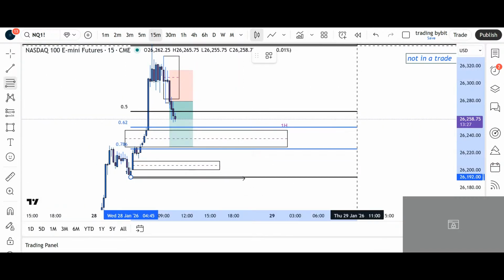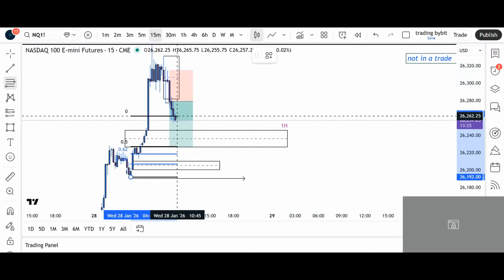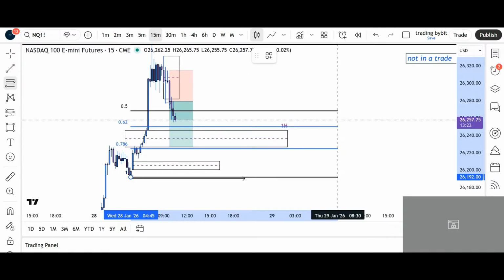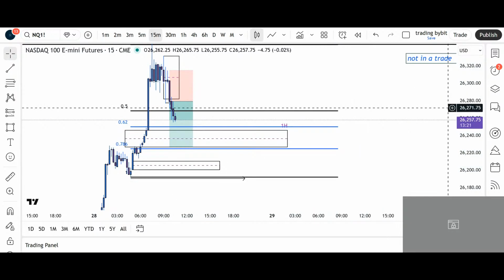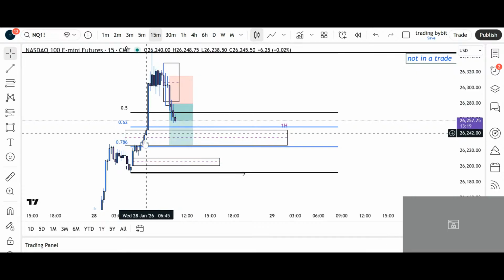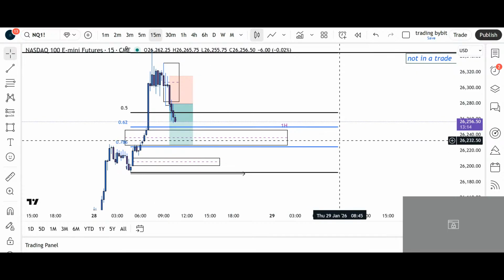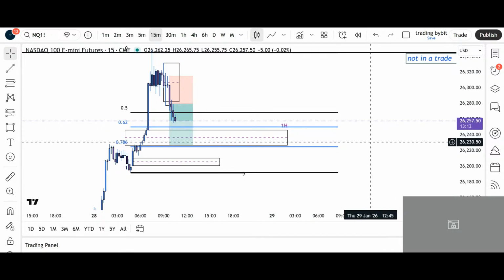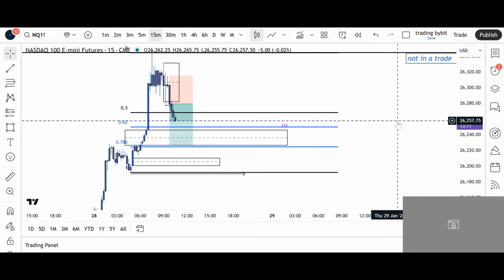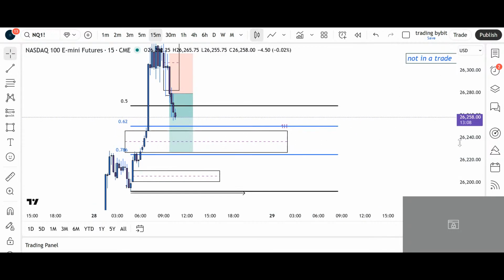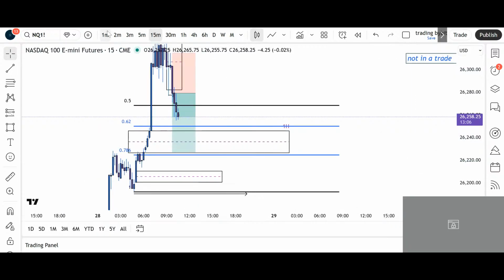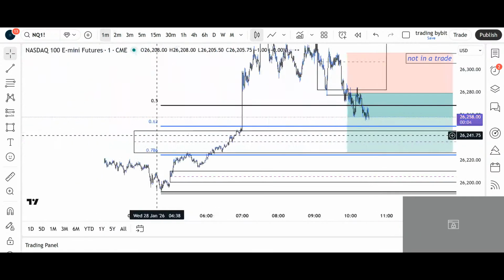So this is that last displacement that we had. We are now hitting that 62 level. So an hourly is actually just under it, and I believe we will hit this. So in this hourly, there is a potential that the market moves back. Where exactly? That's always a huge question.